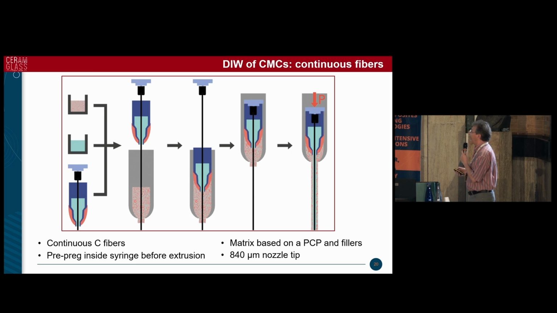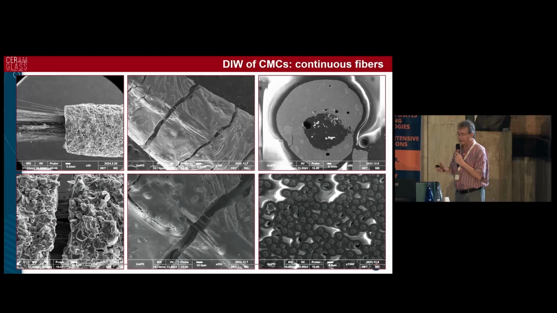We have an inner chamber where we do the pre-preg while we are extruding the fibers. This contains a silicone-based liquid system. Of course, we can use other preceramic polymers. And on the outside, we have a silicon carbide particles containing preceramic polymer. And the fibers coming out also bring with themselves the matrix, or actually it's the opposite.